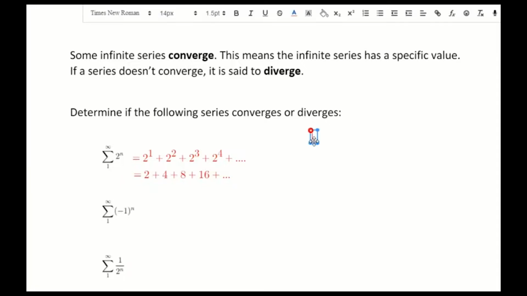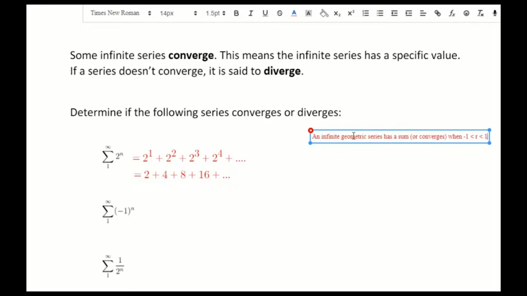And just to be clear here, an infinite geometric series has a sum, or converges, that's another way to say it, when the common ratio, or this number right here that we're raising to the nth power, is between -1 and 1.